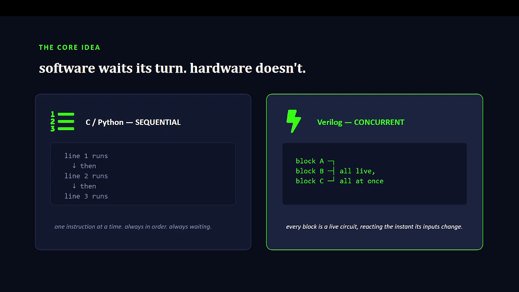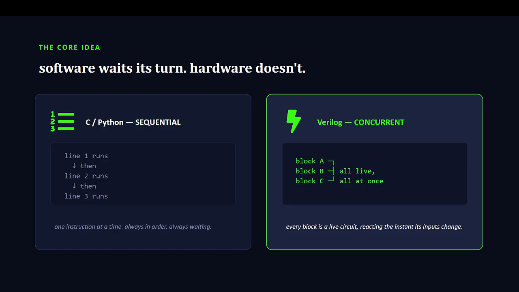Let's set up the contrast because this is the whole ballgame. On the left, how C or Python actually execute: line 1 runs, completely finishes, then line 2 runs, completely finishes, then line 3 runs. It's a strict queue.